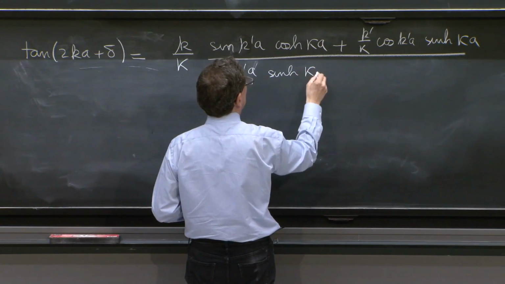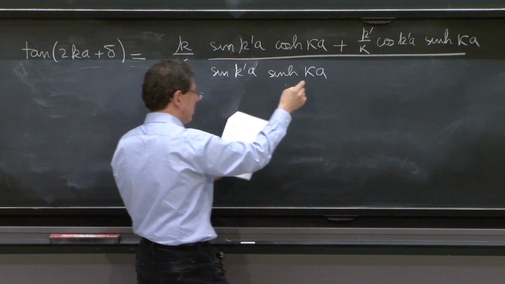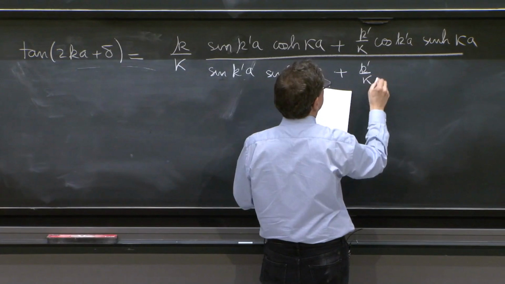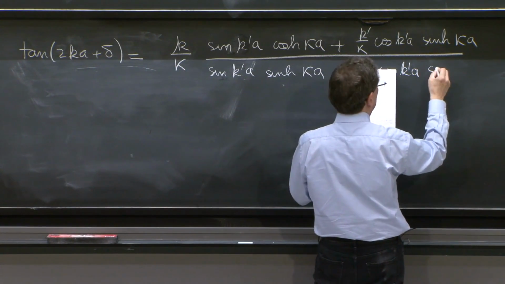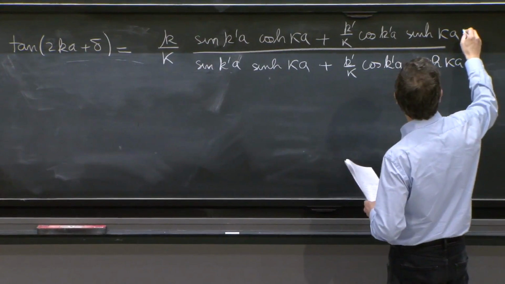The sinh and cosines alternate. This trigonometry is the same, but this one changes. Same thing here, K prime over kappa, cos K prime A, cos kappa A.